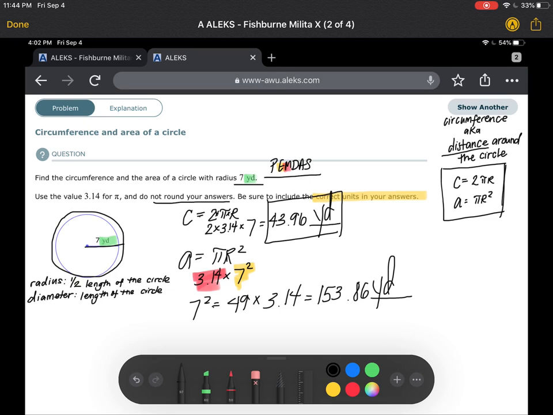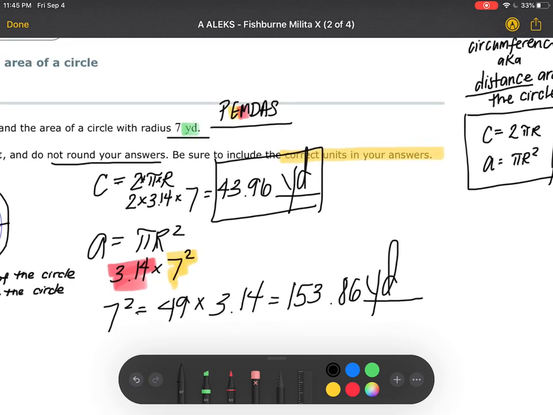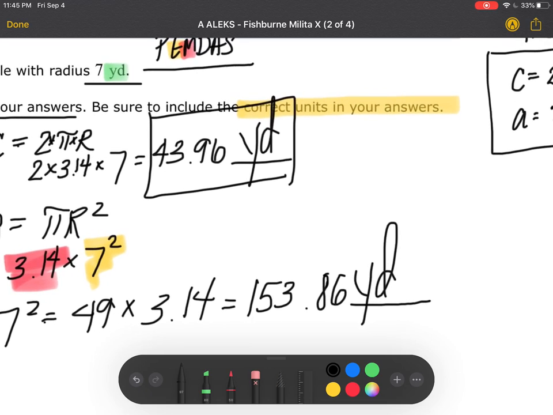Now, with area, area talks about the whole space in here, right? And technically, there's a whole example and reasoning behind why it's yards squared. But what you're going to do is make sure that this is squared, okay?